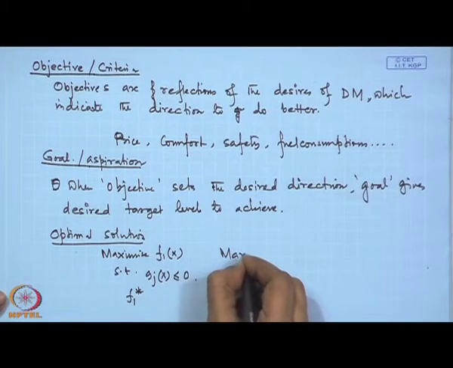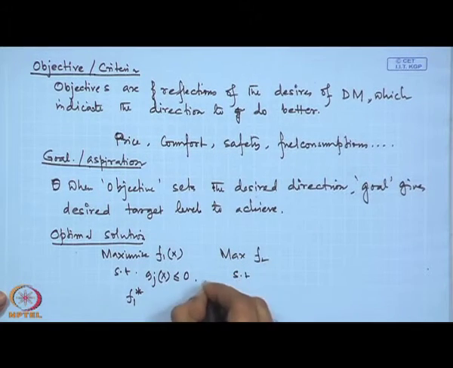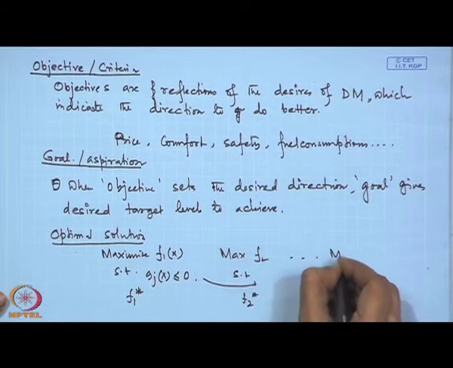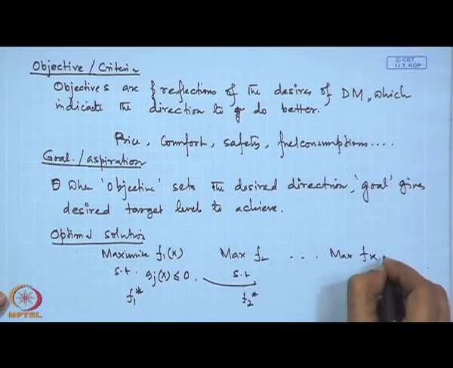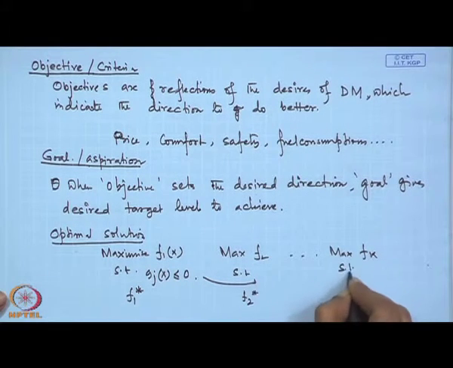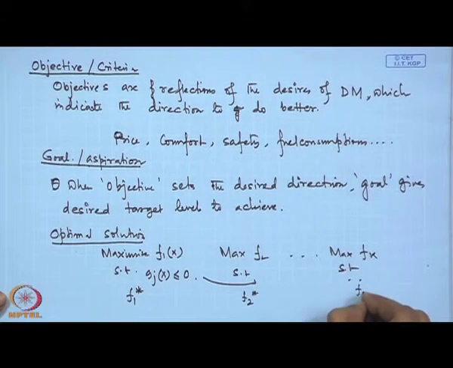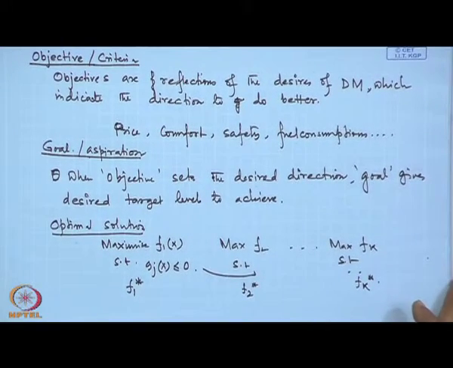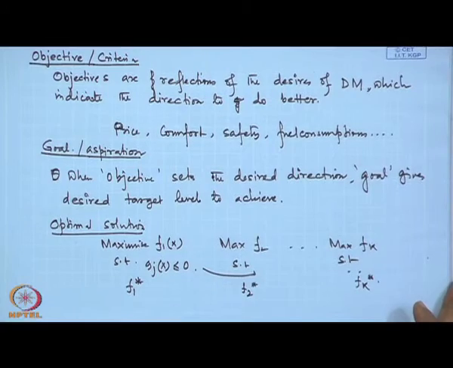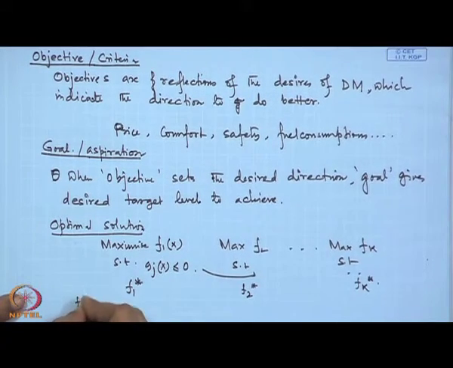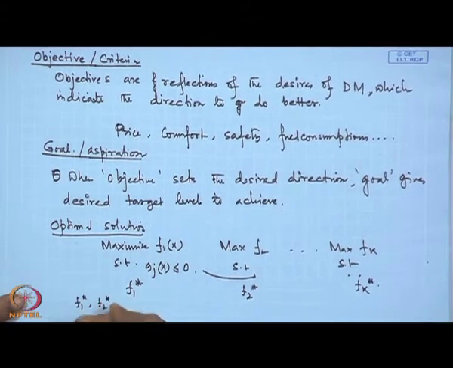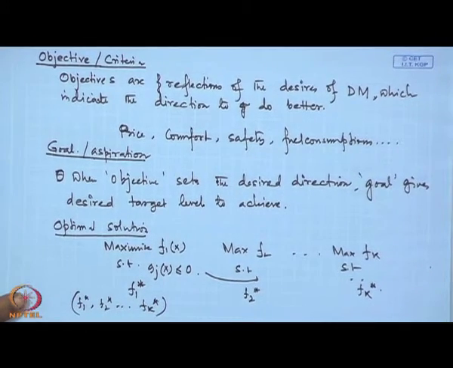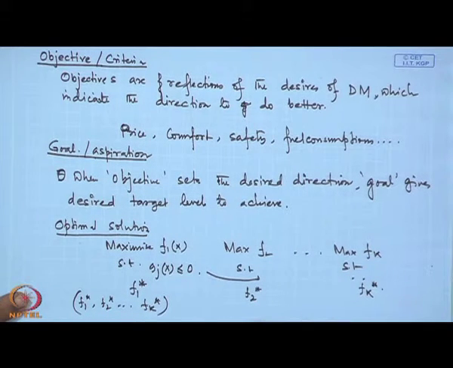If I want to maximize f2(x) subject to the same set of constraints, we will get the optimal solution f2 star, and maximize the last function fk subject to the same set of constraints, then we will get the solution fk star. And it is not really possible for us to get f1 star, f2 star and fk star all together, and in general this point is out of the feasible space.